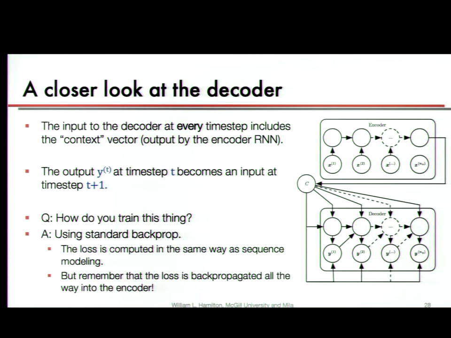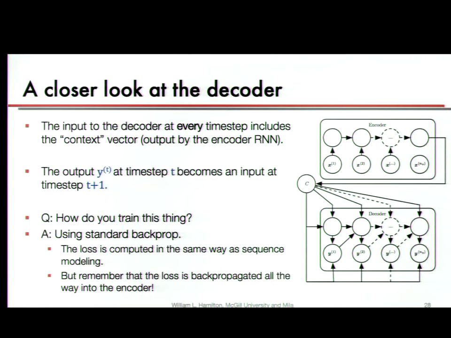So this decoder is being trained a lot like a language modeling or a sequence modeling LSTM or RNN, but the important thing is that we're also getting information from this encoder, and the loss being computed here in the decoder is being backpropagated all the way through into this encoder. So this encoder is also learning during training what is the right way to encode our input sequence into this context vector C so that our decoder can do well.